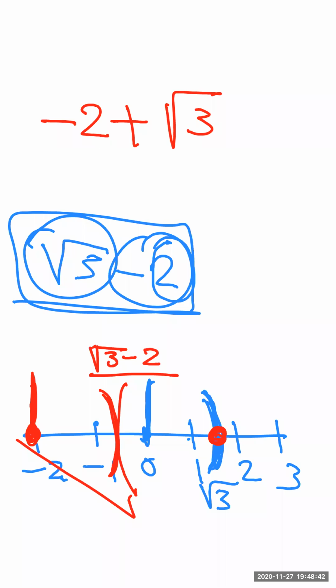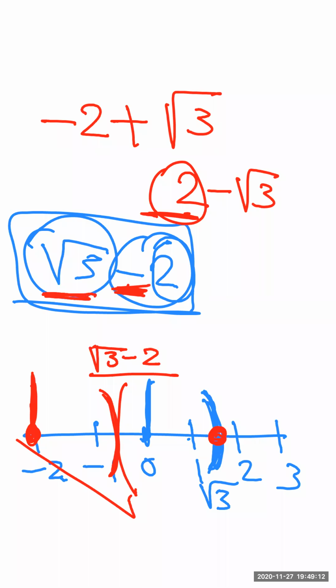Then square root of 3 minus 2 isn't the same as 2 minus square root of 3. Of course, you changed the signs totally. 2 was negative, you change it to positive. Square root of 3 was positive, and now it becomes negative, so you change the signs totally.